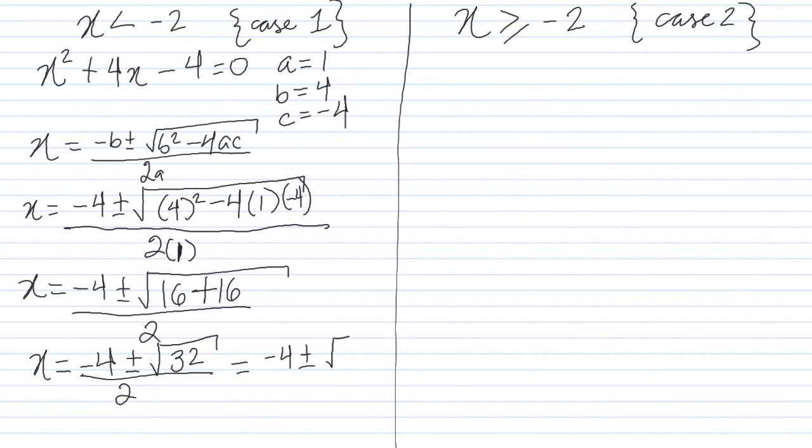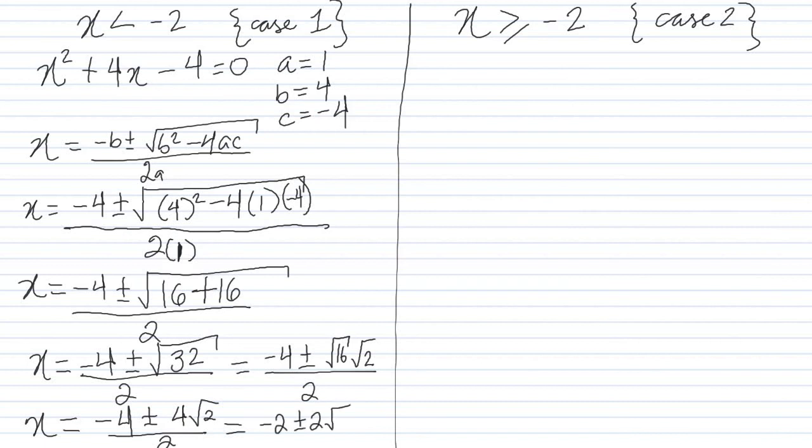So that's going to be the square root of 16 times the square root of 2, all of that divided by 2. So x equals negative 4 plus or minus, the square root of 16 is 4, so 4 root 2 over 2. And you can end up with negative 2 plus or minus 2 root 2. That is one answer.